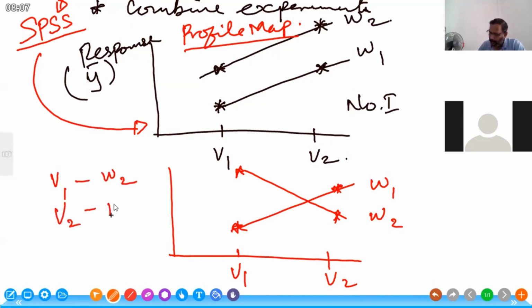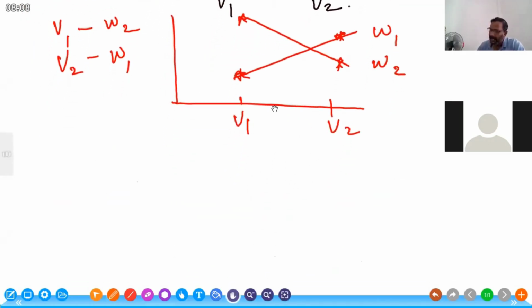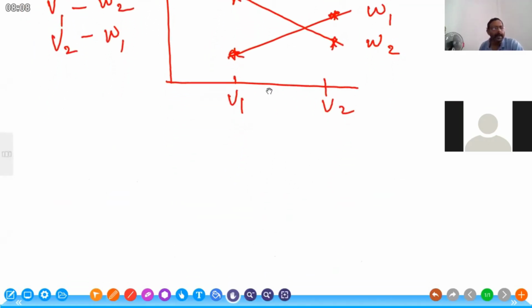Similarly, for variety 2, W1 is the better option. In the earlier case, for both varieties, W2 was the good performing weed decide. For variety 2, the same weed decide performed in a similar condition. So that is the situation that we have already covered last time.